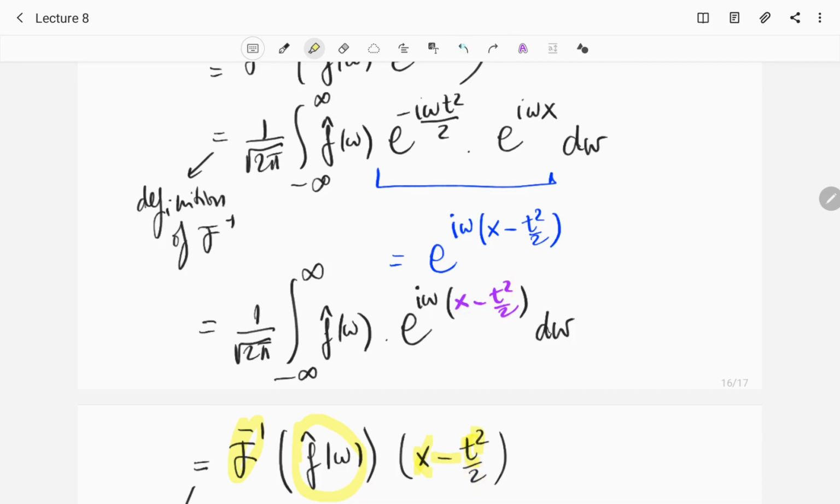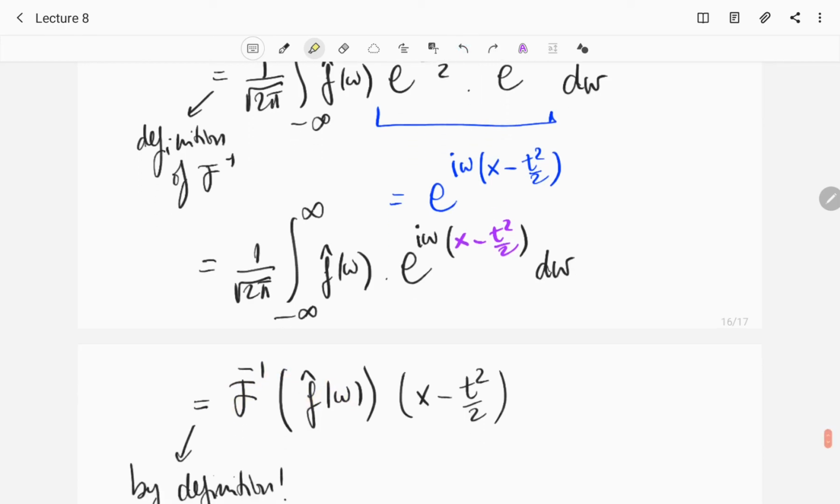So now, last observation. I have a function, I apply the Fourier transform, so I get the Fourier transform, but then I apply the inverse Fourier transform. So I did something and then I undid the same thing. So here I did nothing, so I have the f.